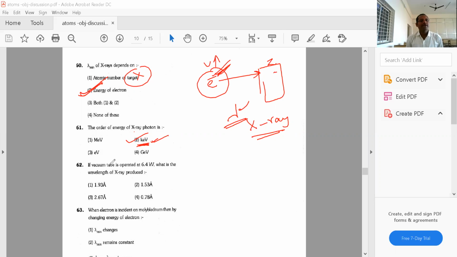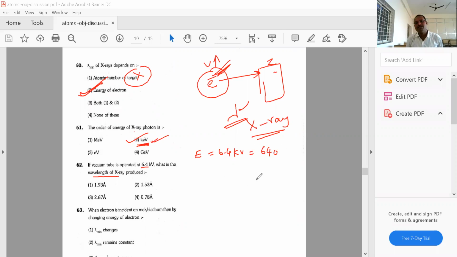Next, if a vacuum tube is operated at 6.4 kilovolt, what is the wavelength of X-ray produced? The energy given is 6.4 kilovolts, which is nothing but 6400 volt. So we know lambda is equal to 12,400 upon energy, that is 6,400.